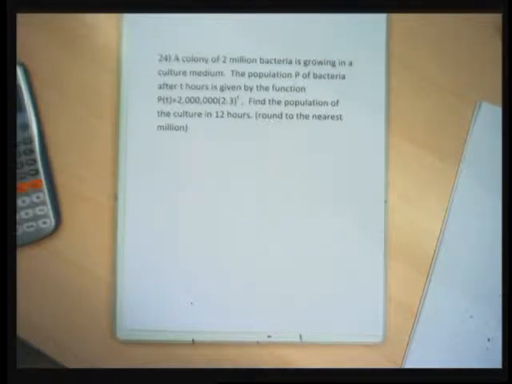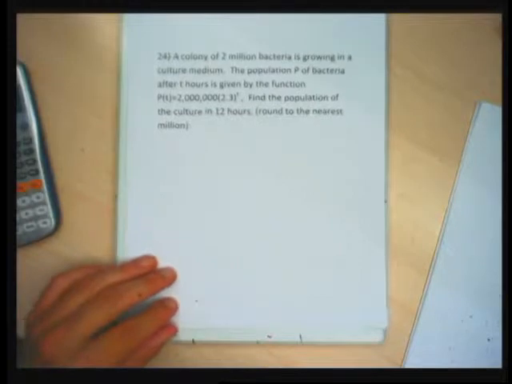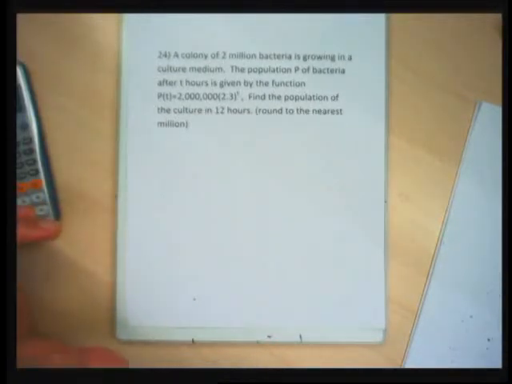Every word problem in this section, somewhere in the word problem, there's an equation and it explains the equation. The real nice thing about these word problems is to get from the question to the answer, we just have to plug a number into the equation. So there's some distractors in problem 24.